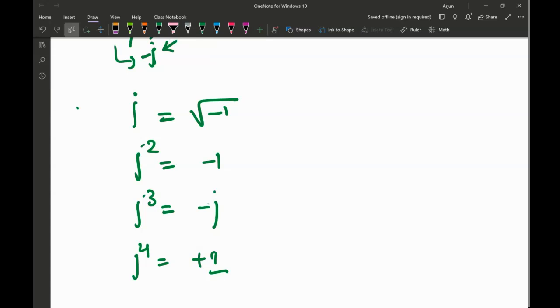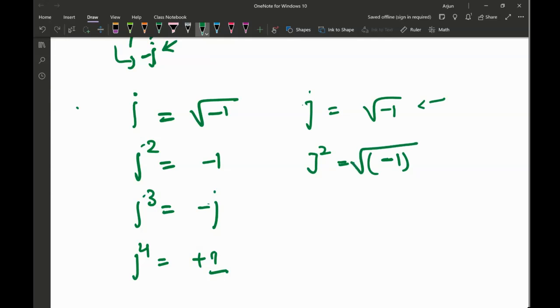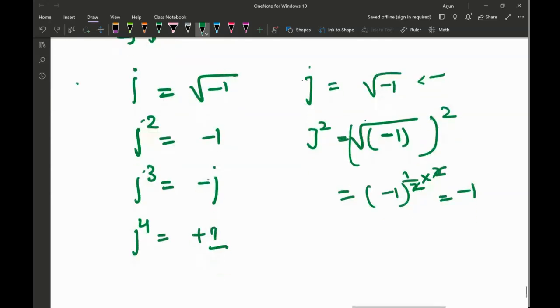Now we can always prove this also. If I look at j, which is equal to the square root of -1, this is something you need to remember. Now if I square this number, I'm squaring the square root of -1, it's going to become -1, because the square root cancels the square, and this is going to give me -1.